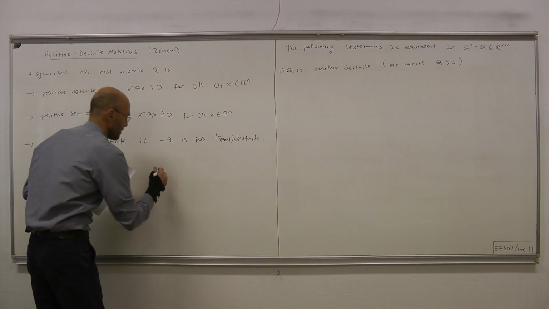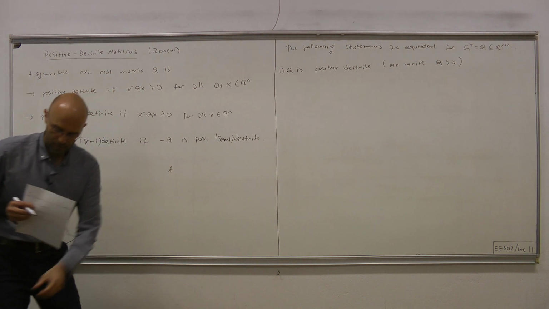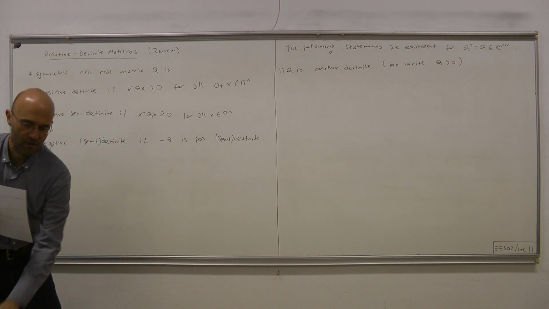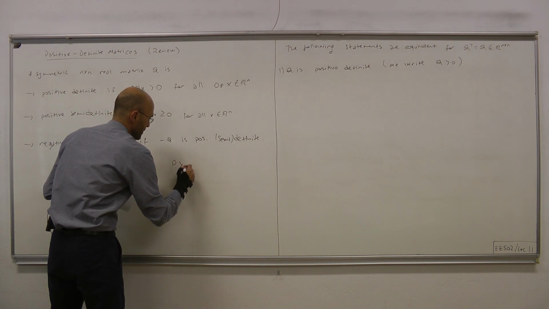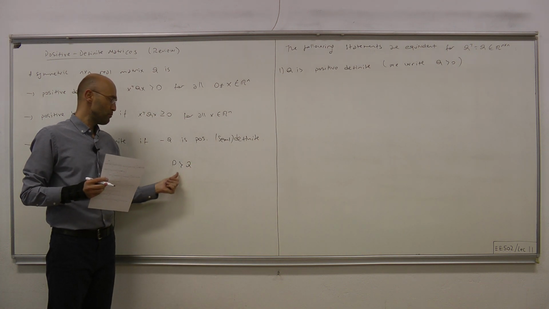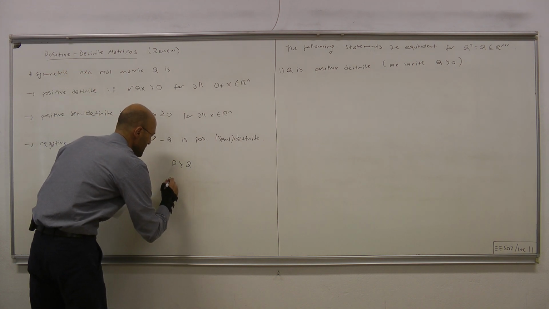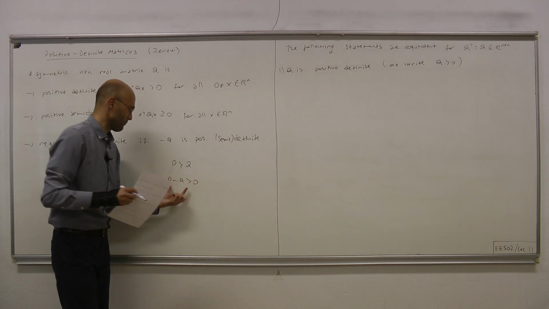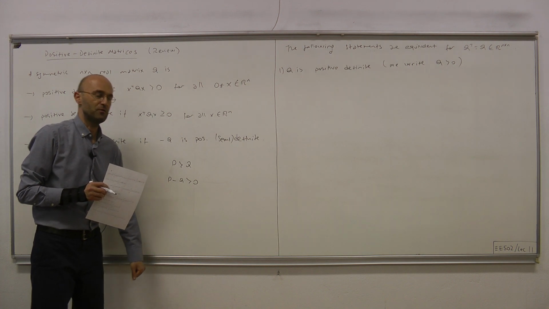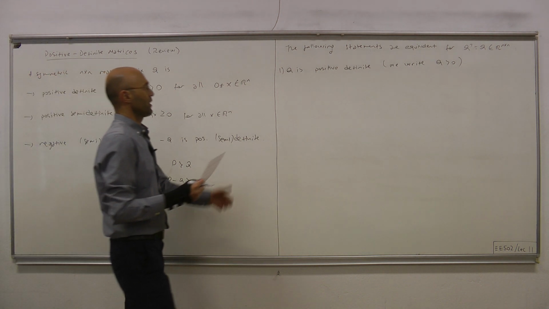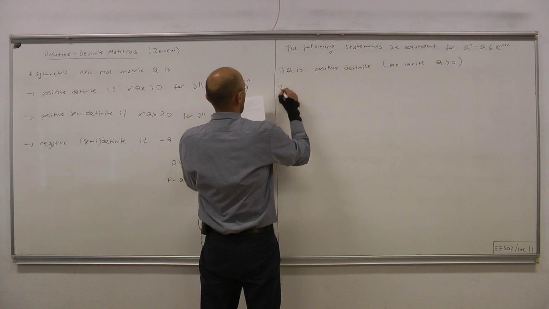Sometimes you may see things like P greater than Q, with P and Q both symmetric real matrices, and this simply means that P minus Q is a positive definite matrix. So that's one.